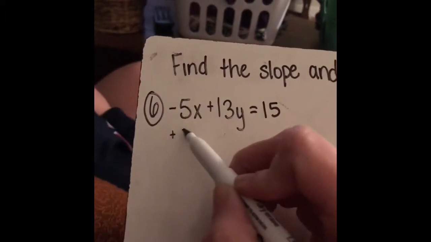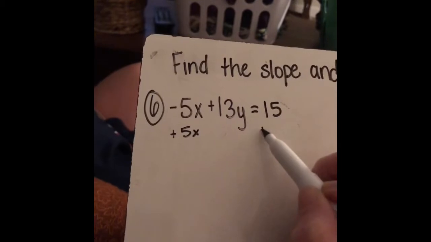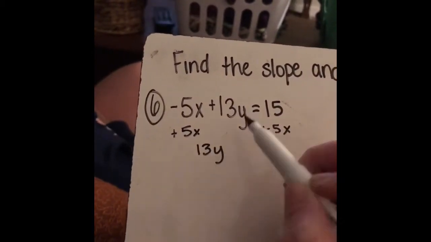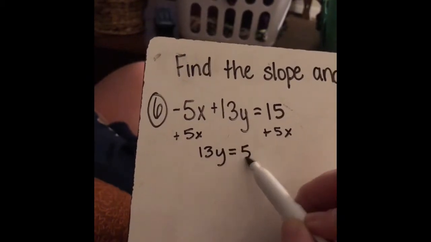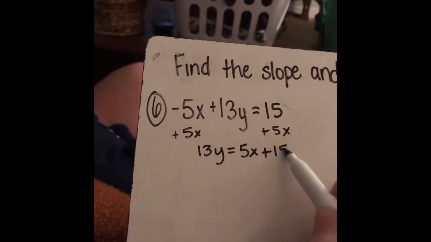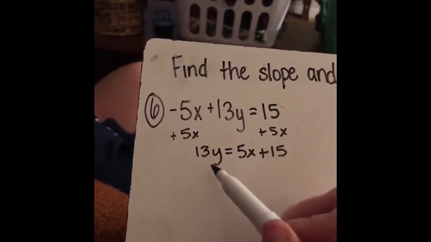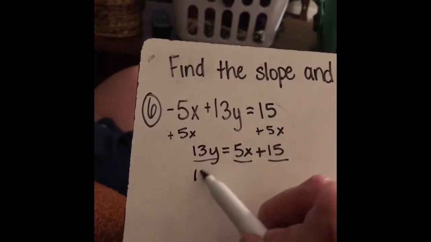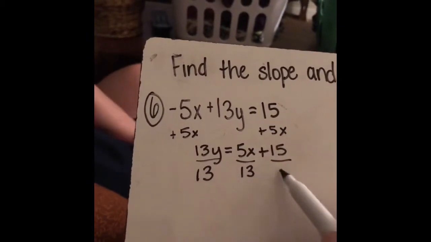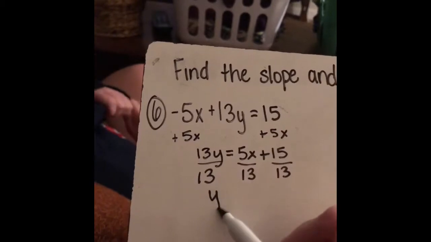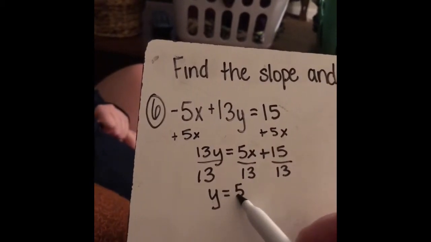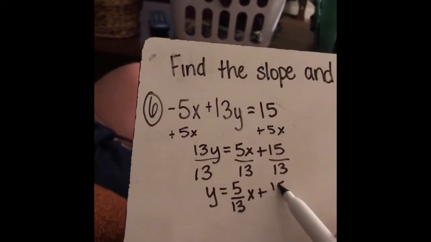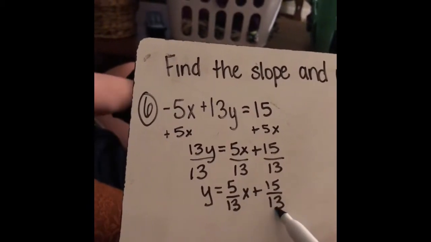So we're going to add 5x to both sides. Then you're left with 13y equals 5x plus 15. Now to get the 13 away from the y, you need to divide everything by 13. So you're left with y equals 5 over 13x plus 15 over 13.